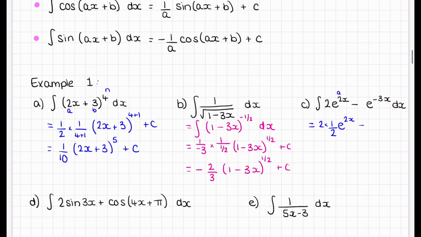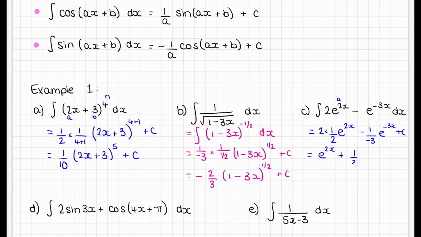Then we'll have minus 1 on negative 3 e to the negative 3x, and then plus c. If we simplify this, 2 times a half is just 1. We'll have e to the power of 2x plus, because we've got minus negative 1 over negative 3, plus 1/3 e to the negative 3x plus c.